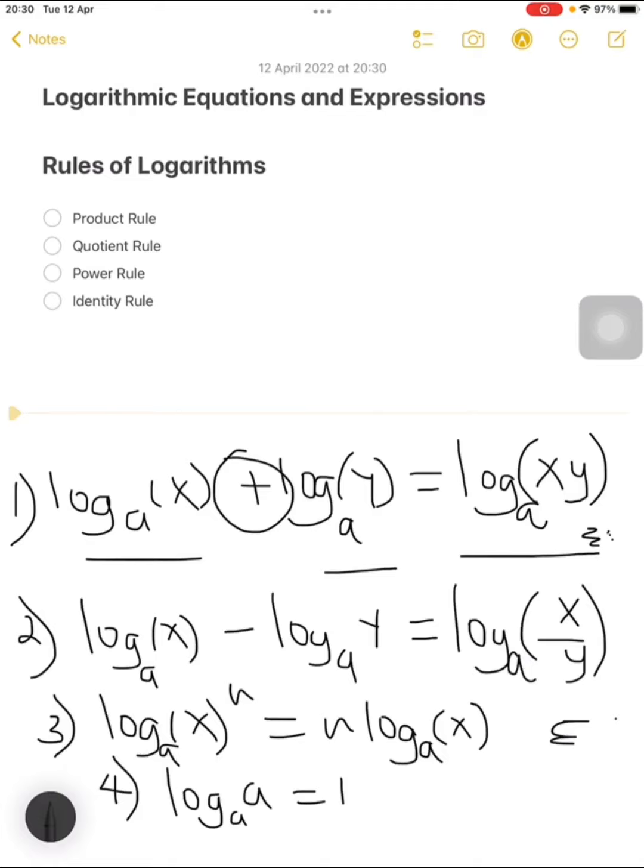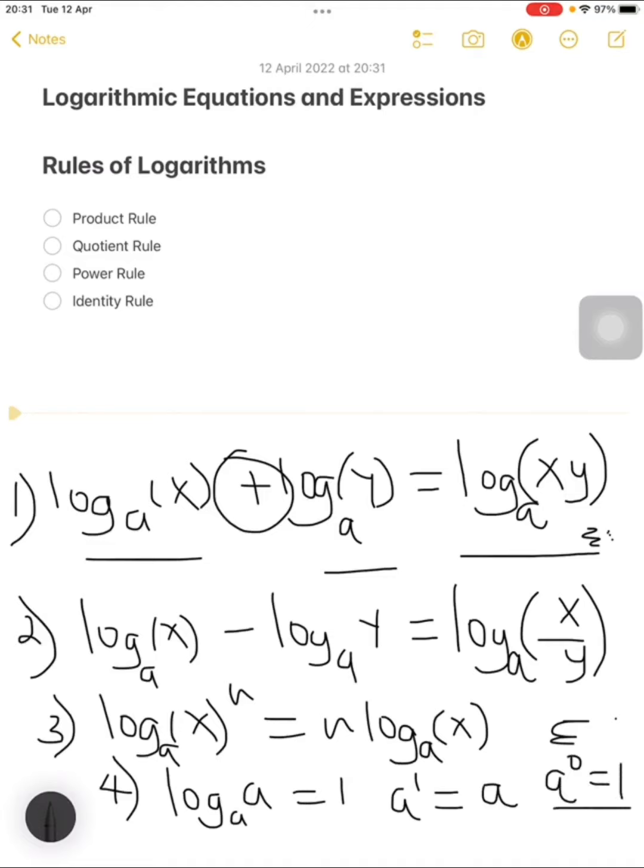We apply here the identity rule, and this one is always equal to 1. When I transform it into index notation, this is the same as a power 1 equals a. And something else that you shouldn't forget is a power 0, which is equal to 1. Anything raised to power 0 is always 1.